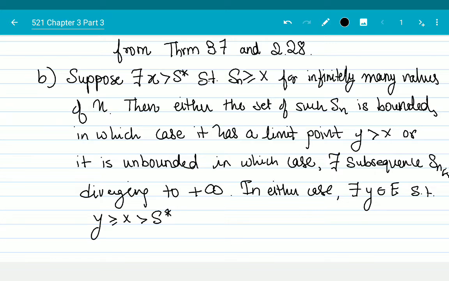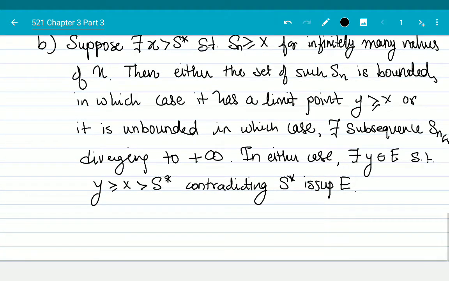Contradicting that S upper star is the supremum of E. So this proves part B.